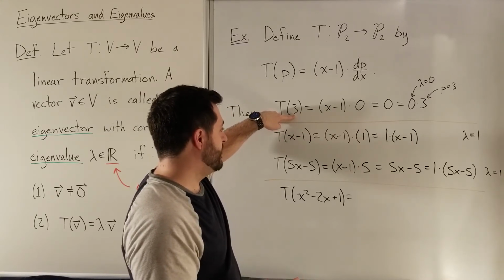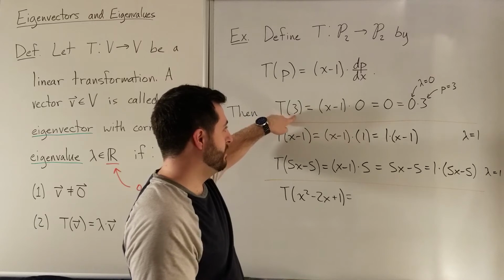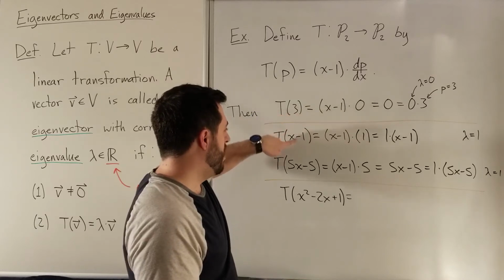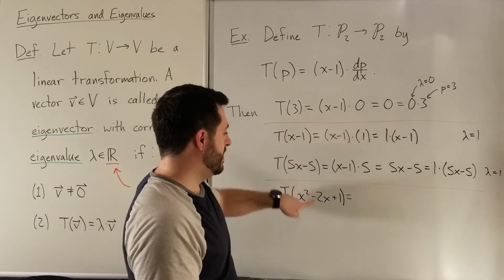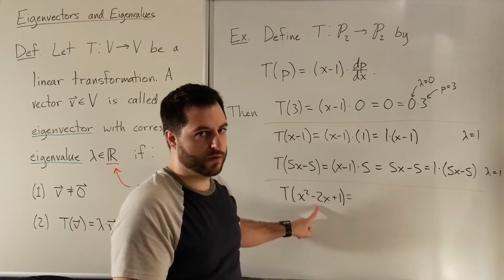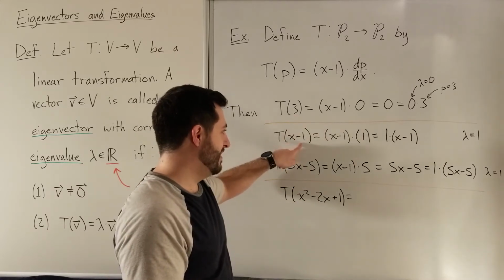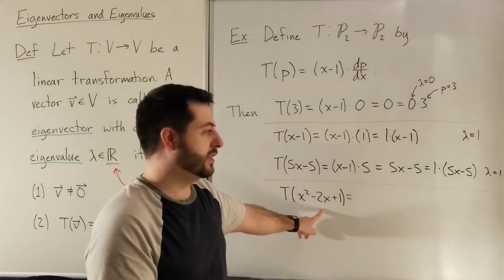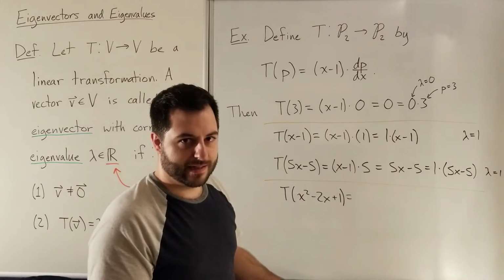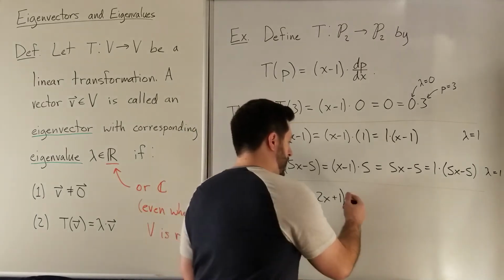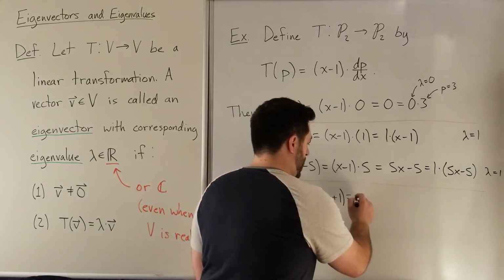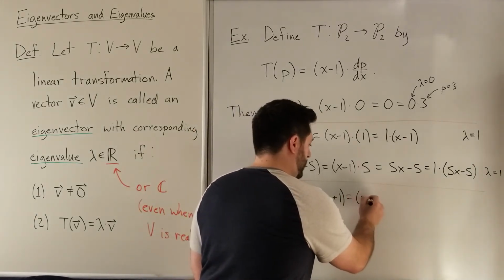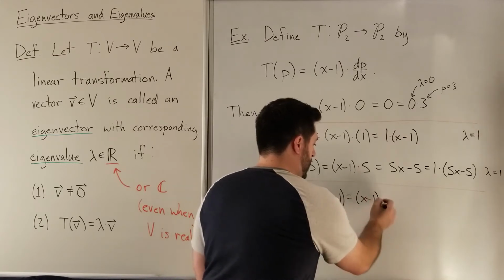So I could scale this to, say, 1, and this would still be an eigenvector. So 1, x minus 1, and this is x minus 1 squared. So x minus 1 to the 0, x minus 1 to the first power, x minus 1 squared. These are all eigenvectors for this transformation, and that is not a coincidence. But we don't need to worry about that for now. I'm just going to plug this in and see what happens.